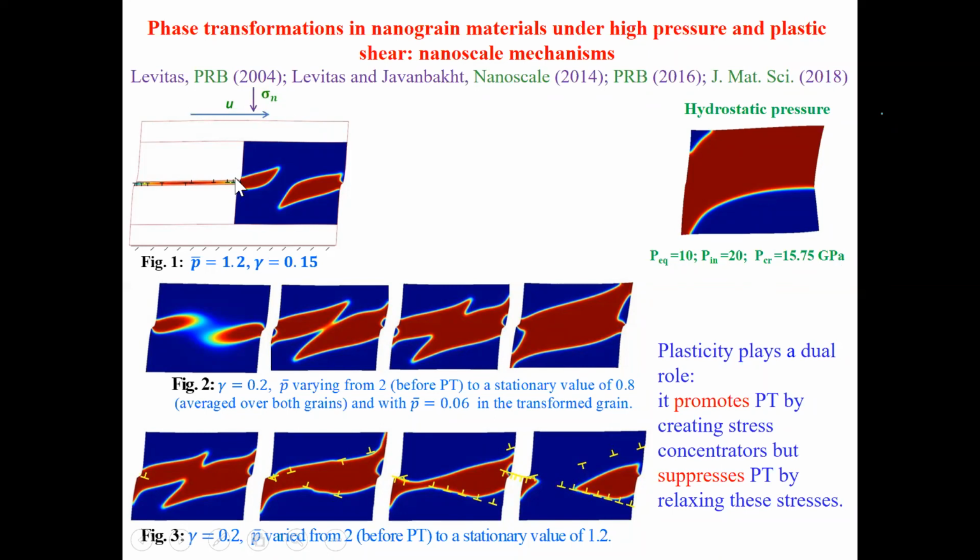You see here the dislocation nucleated at the grain boundary and piled up against the grain boundary, and produce here a strong stress concentrator. And here these stresses due to the tip of the dislocation pileup fulfill our lattice instability or phase transformation criterion, which we obtained with atomistic simulation and used in our phase field model. So here barrierless nucleation occurs.